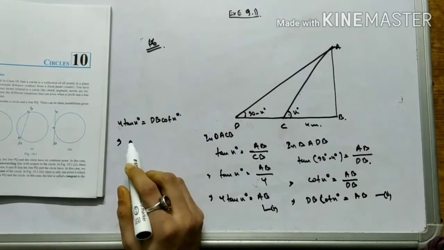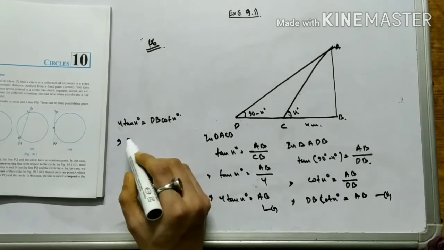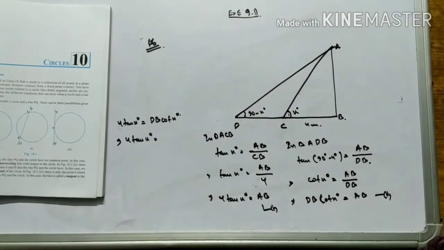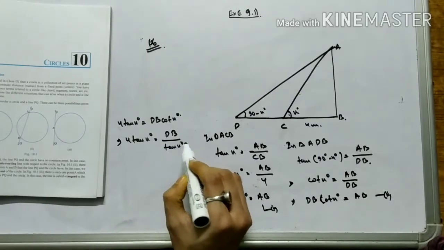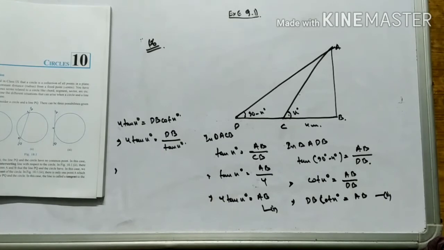Now in here, what I have to prove is that the height of the tower is equal to 6 meter. 4 tan x degree is equal to DB cot x, which means I can write DB by tan x degree.